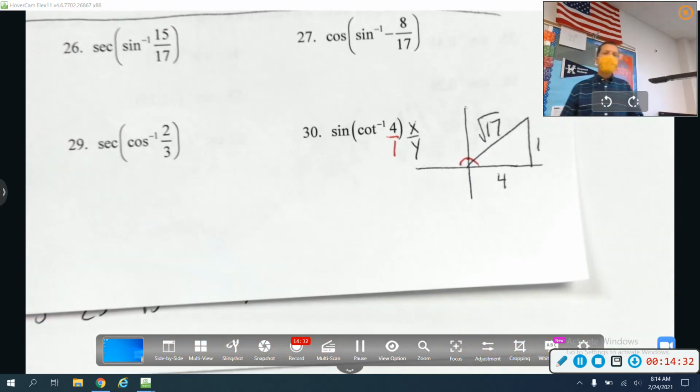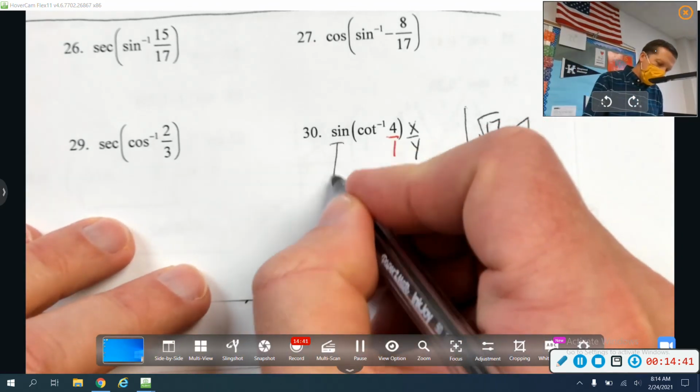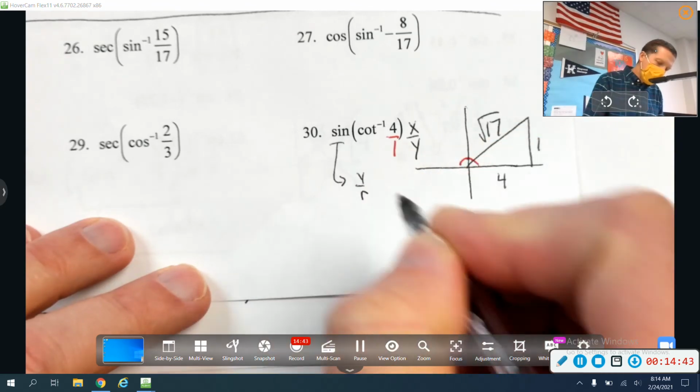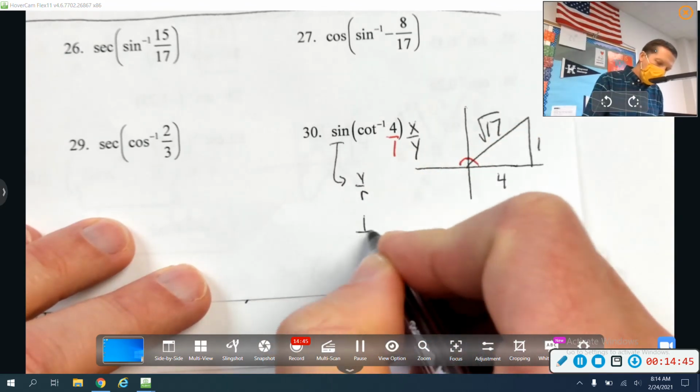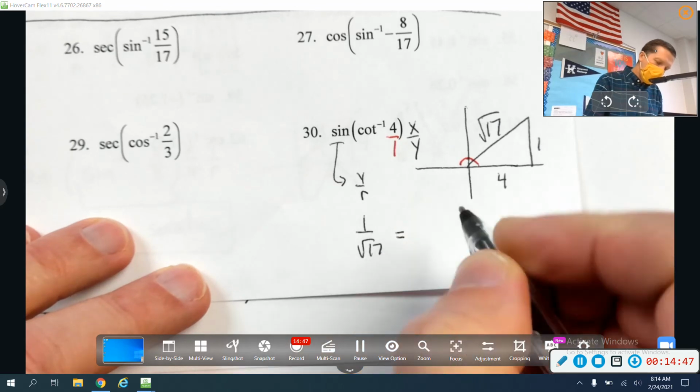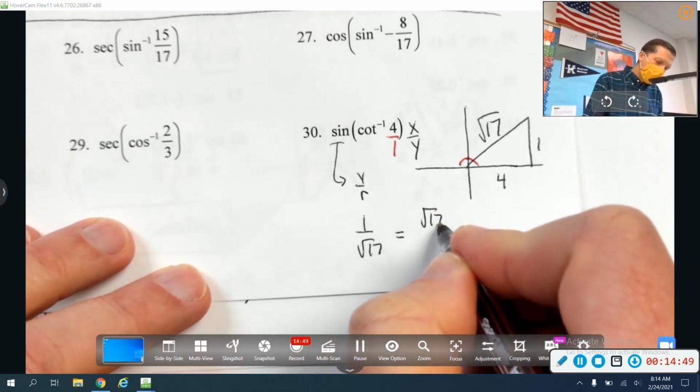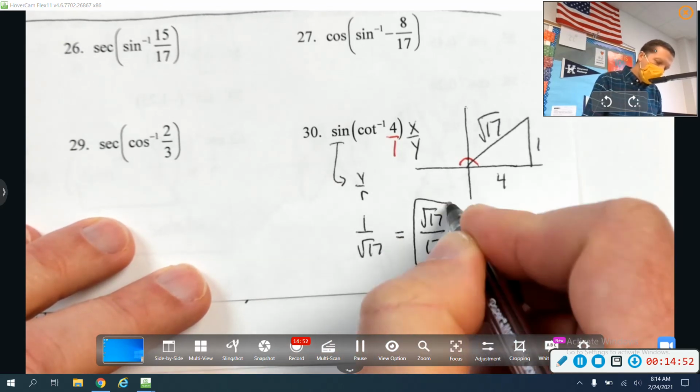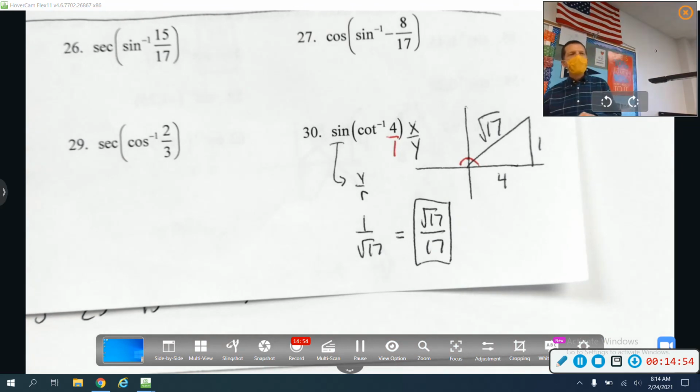So that's not a nice one. That one ends up being square root of 17. Sine is y over r. So 1 over square root of 17. And when we fix that, square root 17 over 17.